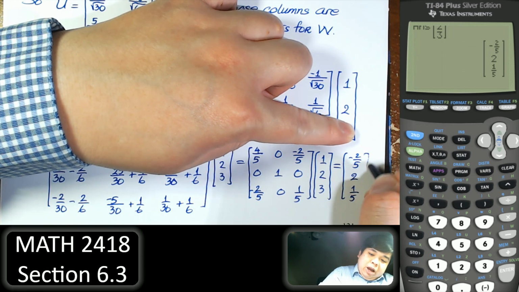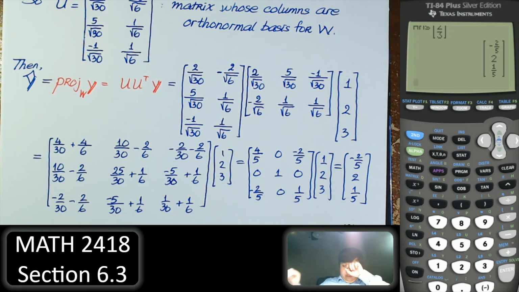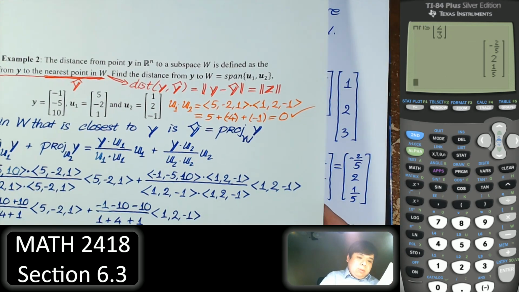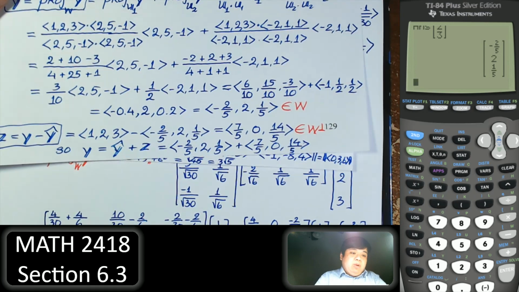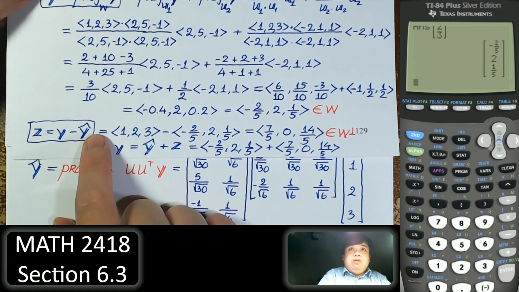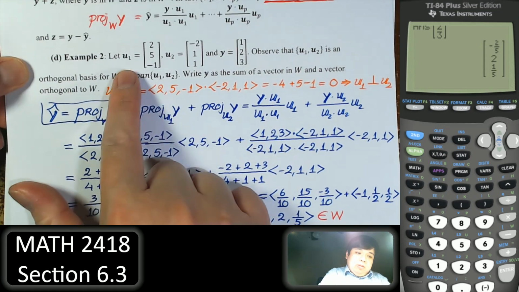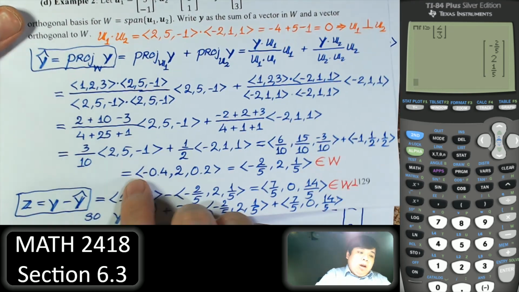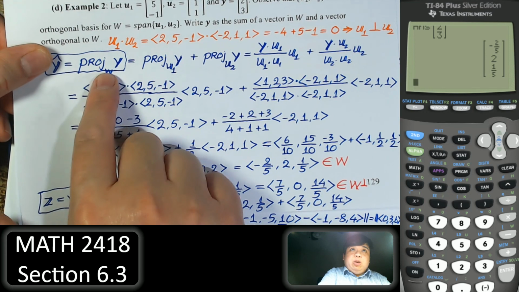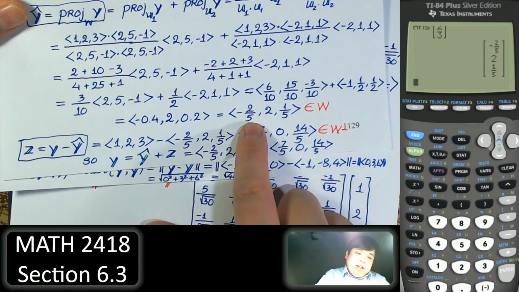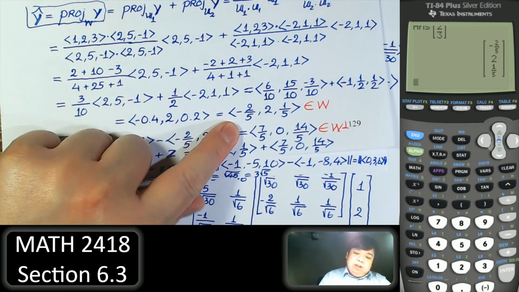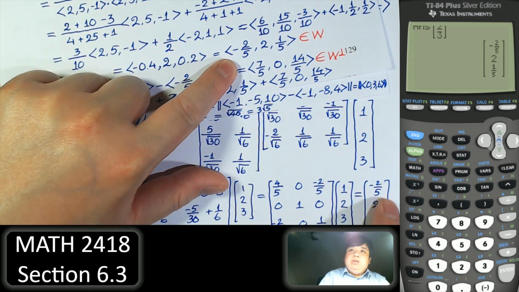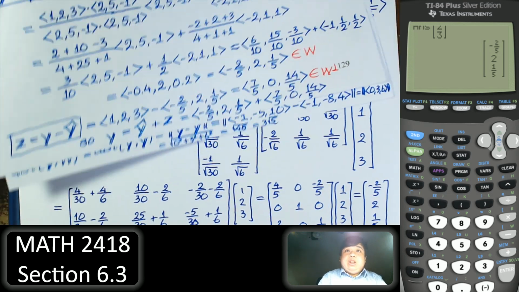Now if we compare to the answer we have from the first example in this video, with u1, u2, and y, Y hat, the projection of y onto W is negative 2/5, 2, and 1/5. So they should be the same.